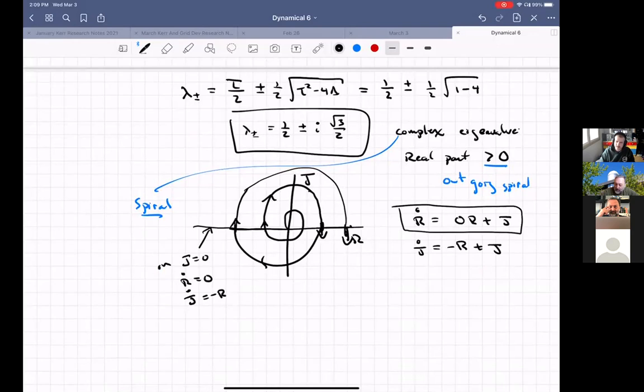Yep. And so now if I pick a point right here, this point has a positive J value. And at this point right here, the tangent vectors, so these things here are the tangent vectors to the flow.